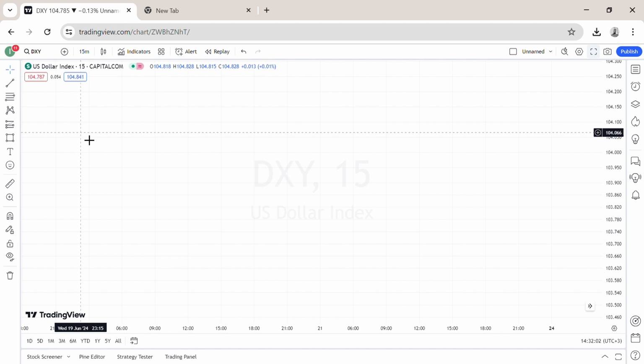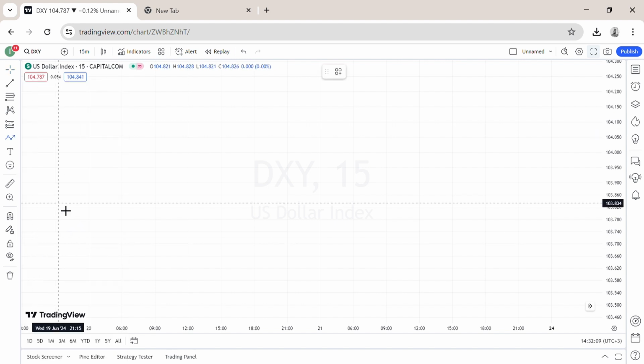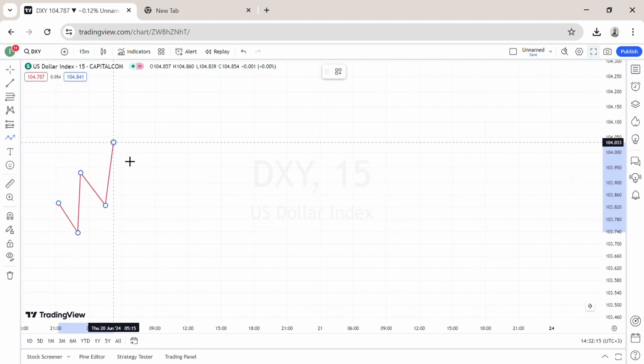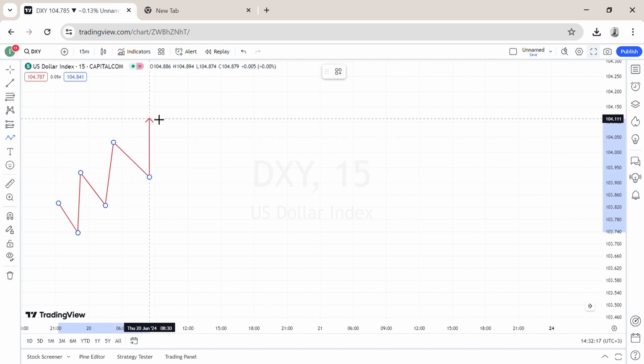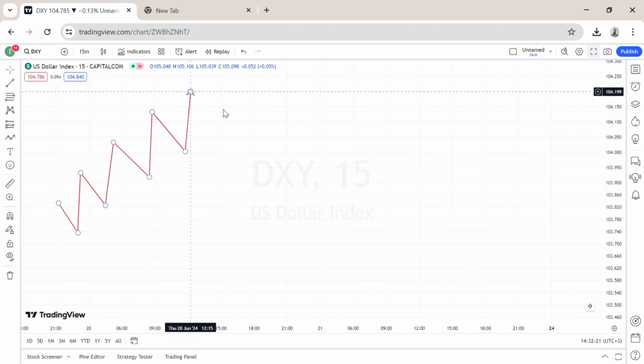Every time when trading, considering a movement like this, let me draw it right here. This is a clear bullish price action.